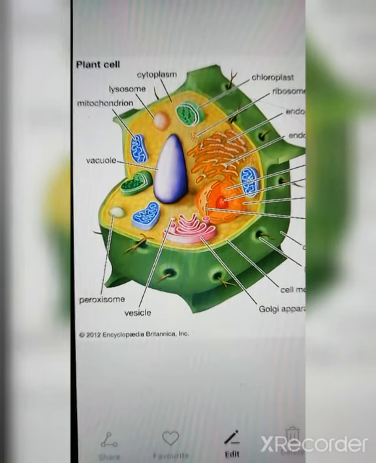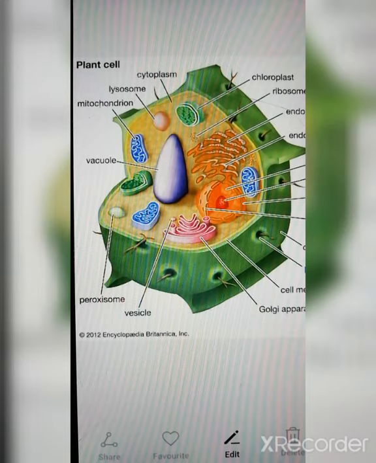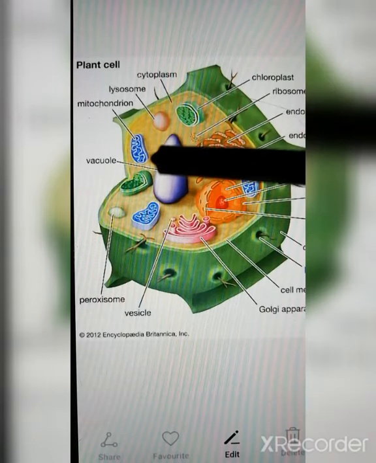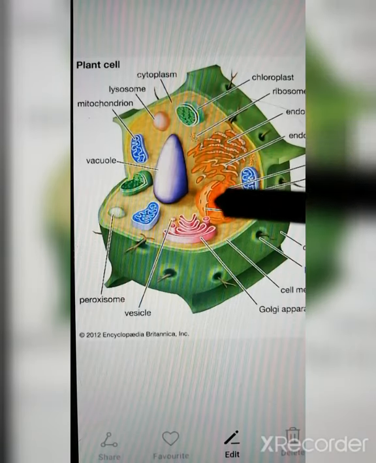Generally, a mitochondrion is 2 to 8 micron in length and 0.5 micron wide. It is 150 times smaller than the nucleus.